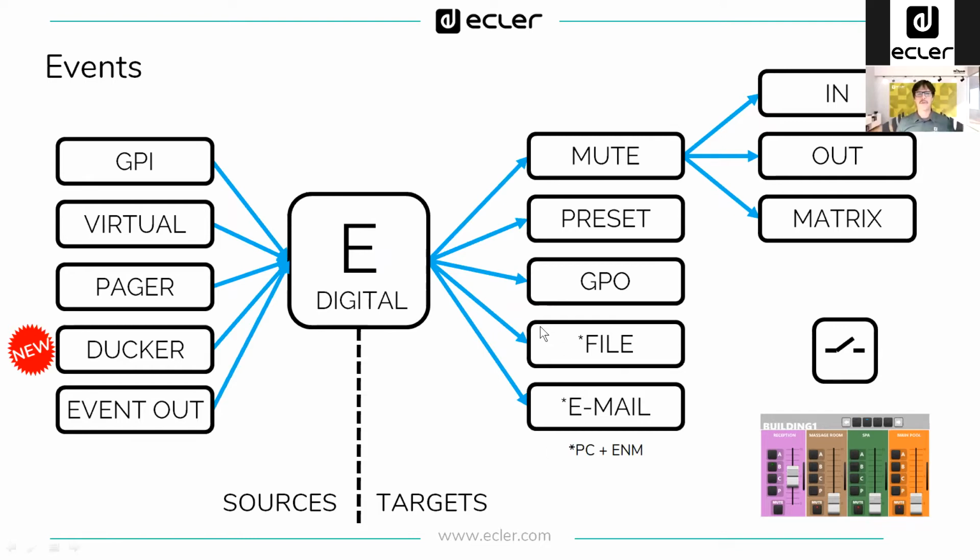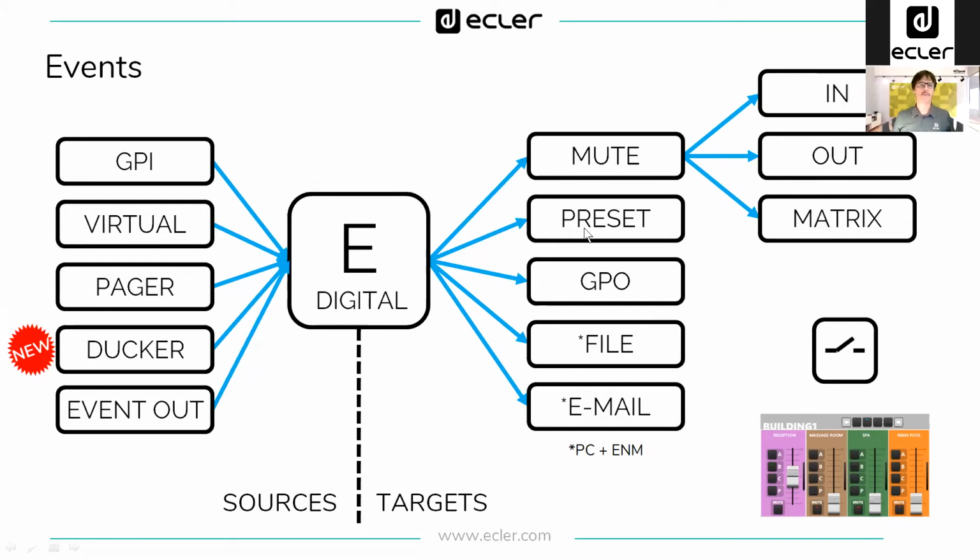Okay, so which are the targets? Targets should be digital. You cannot turn on or off a volume. So digital means 0 or 1, active or disabled, or 0 or 100, whatever. So 2 states. One action can be muting in the inputs, in the outputs, or in the matrix.